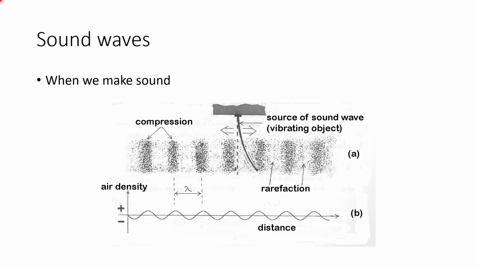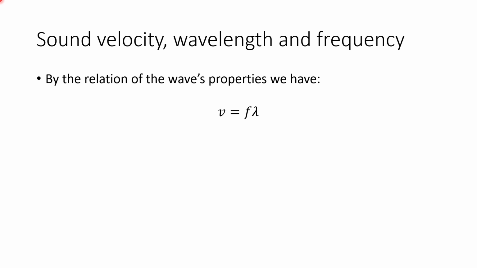And again, when you go back here, you would be able to calculate the velocity based on the known frequency and the wavelength. So we know from the mechanics that if you have an object that travels at the distance s divided by the time it takes to travel, you get a velocity of the travel. Same thing here.